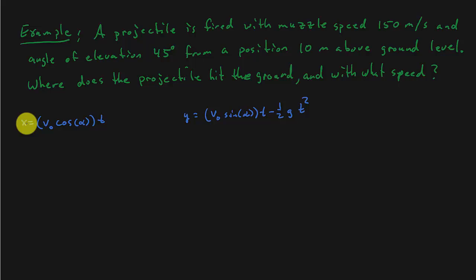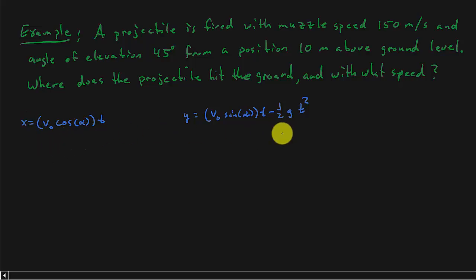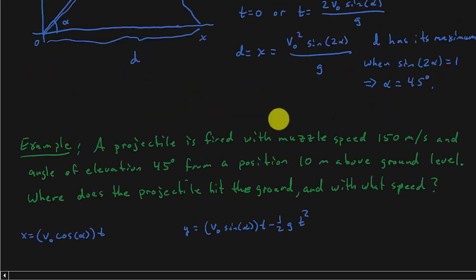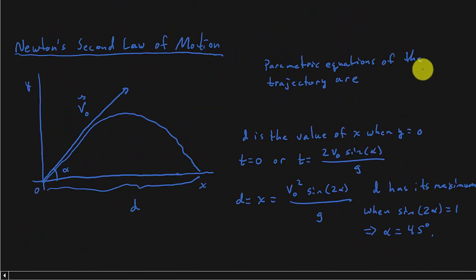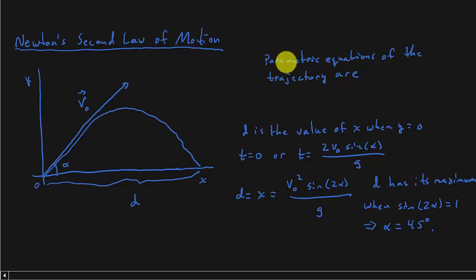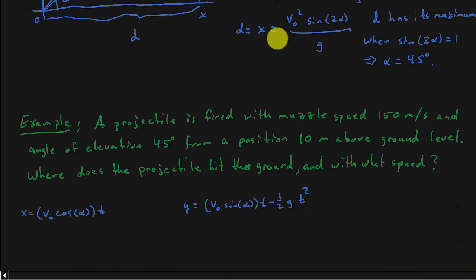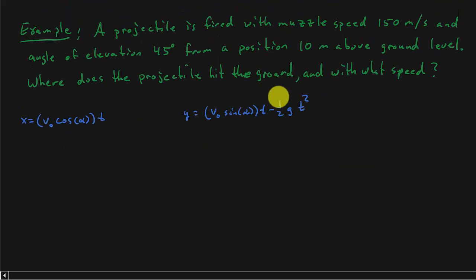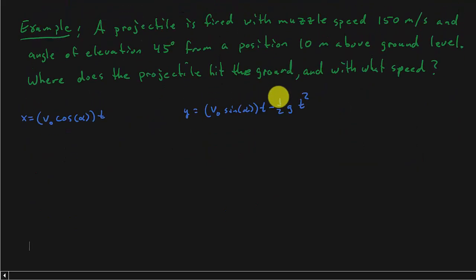And then it wants to know with what speed. These are the parametric equations of the trajectory, like we talked about up here. I had them written here, but I moved them down here so we could see them. So to find the speed, we need a velocity vector, right?